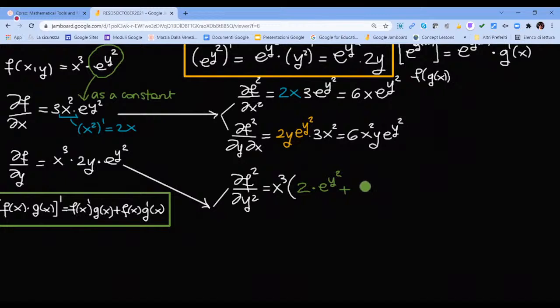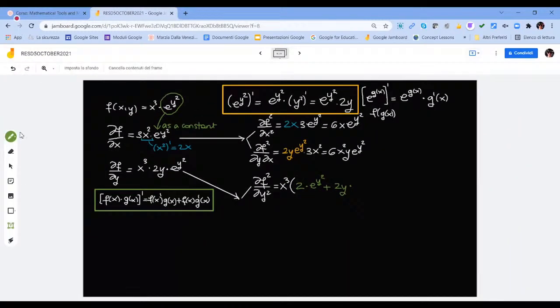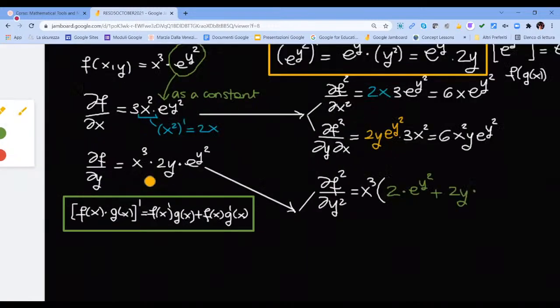Plus, we have to take 2y as it is and multiply by the derivative of e to the power of y squared that we already computed. I will use another column, maybe there's more.